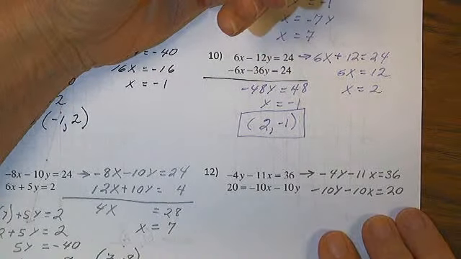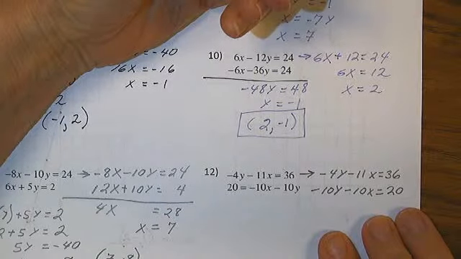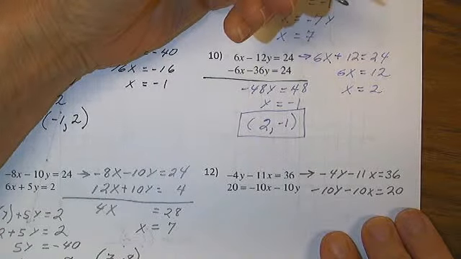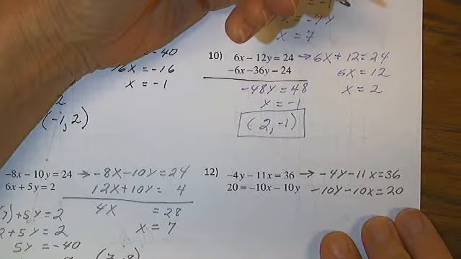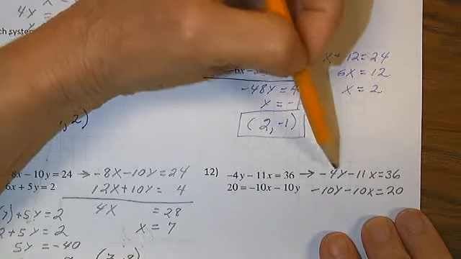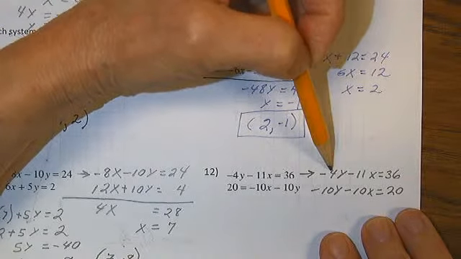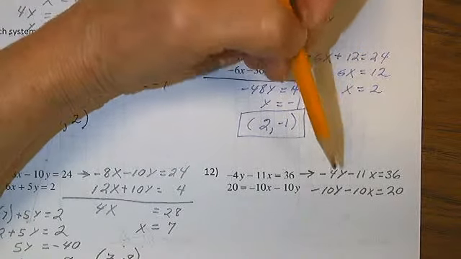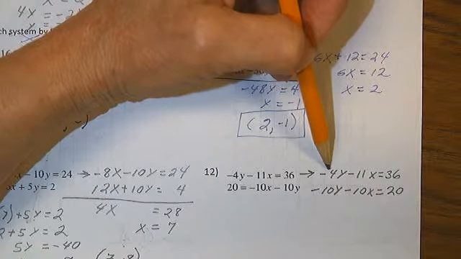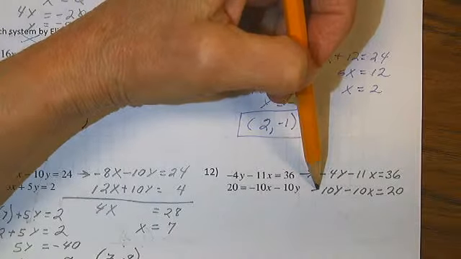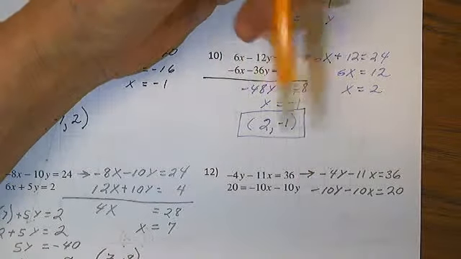What to do? What to do? I suppose we could multiply this equation by 11 and this equation by negative 10, but that's a lot of really big numbers.